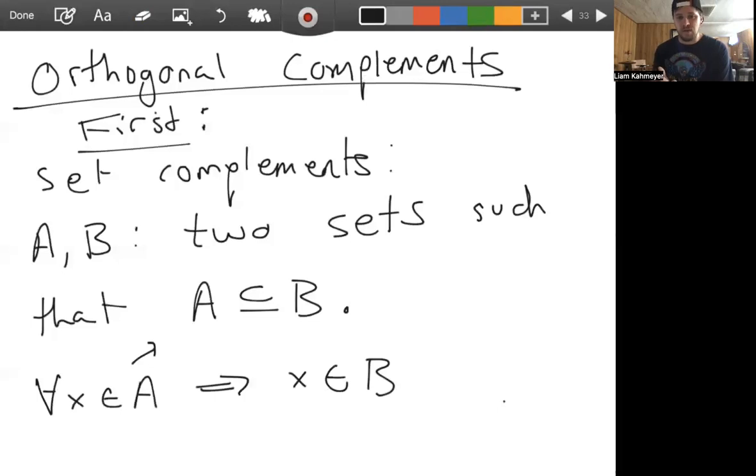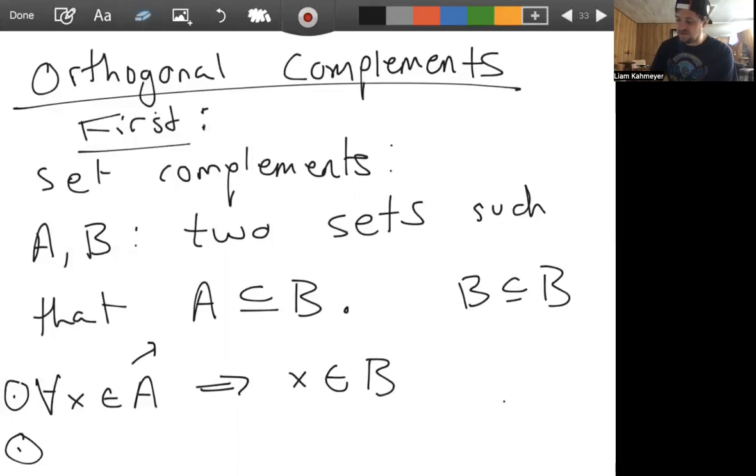But what does this also mean? Well, if it's a proper subset, you could write B is a subset of B because every point in B is a point in B, right? We don't think of that as a proper subset. A proper subset is one that's not the entire space itself.